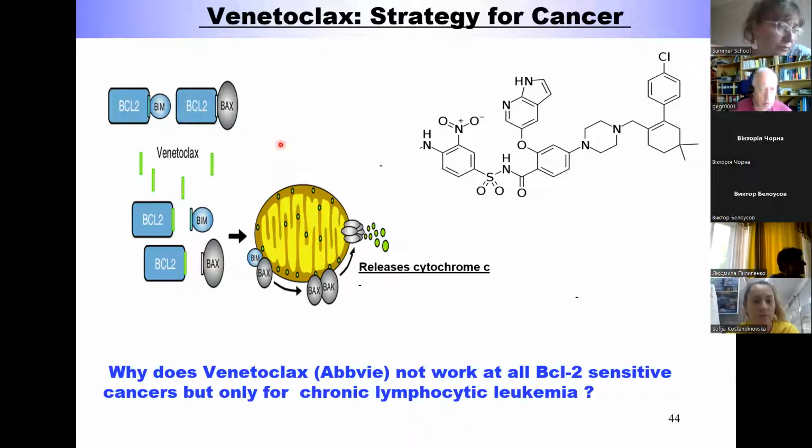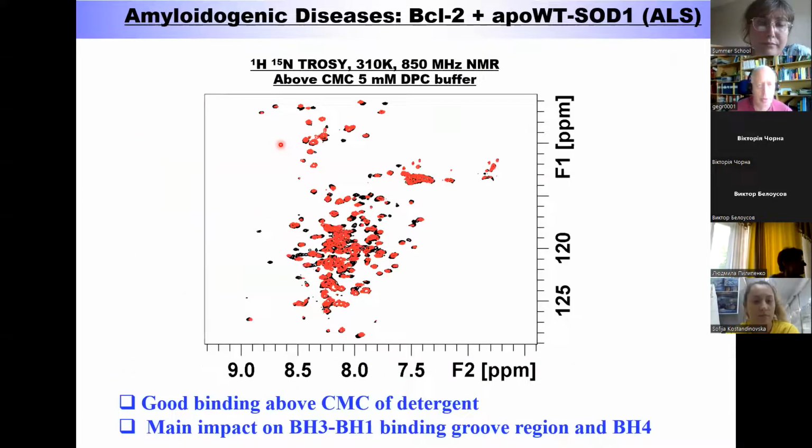Then you can think, okay, now we have this BCL2, what else can we do? We can do much more. We can also go to amyloidogenic diseases. It is not by accident that I come to this, because I come originally from the Alzheimer field, protein aggregation on membranes with amyloid, A-beta, and so on, and superoxide dismutase in amyotrophic lateral sclerosis.